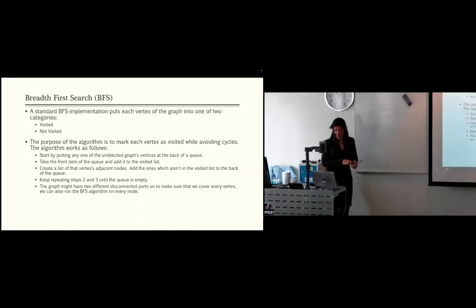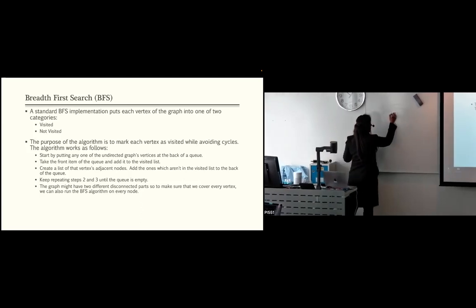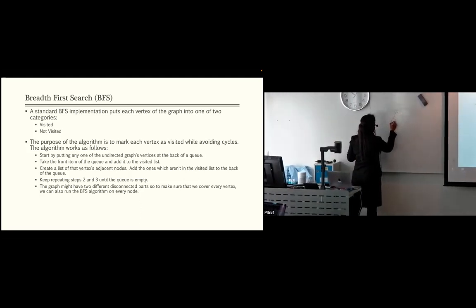So this one: A, B, C, D, E, F. Here we have the visited queue, and here we have the empty queue.